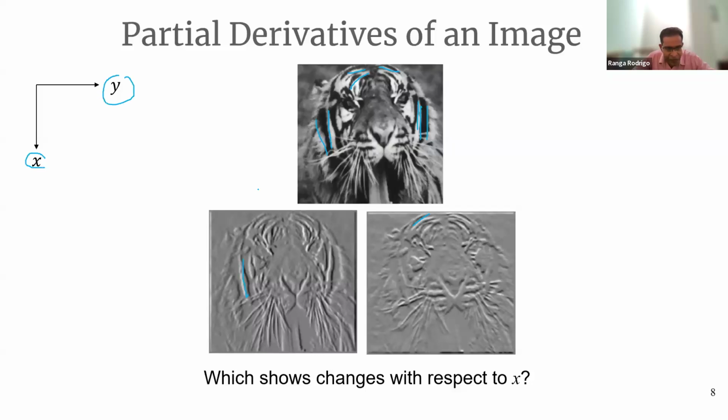So let me give you names. This is A, this is B. I'm asking you, which one is the partial derivative of this image F with respect to x? A or B?